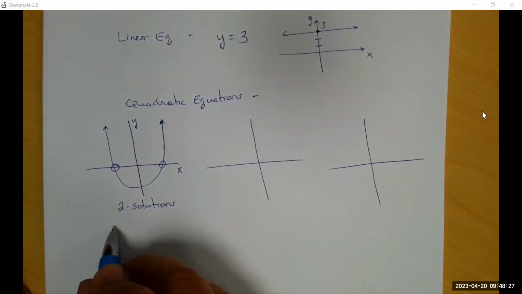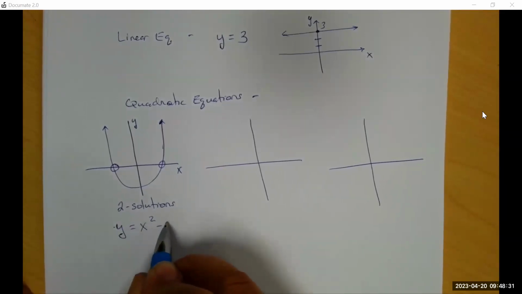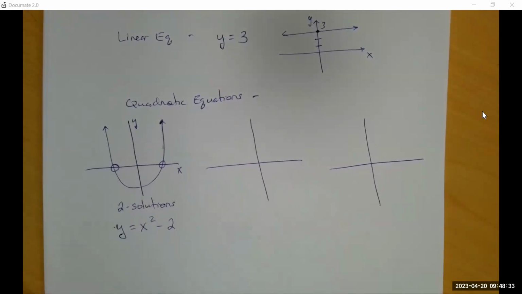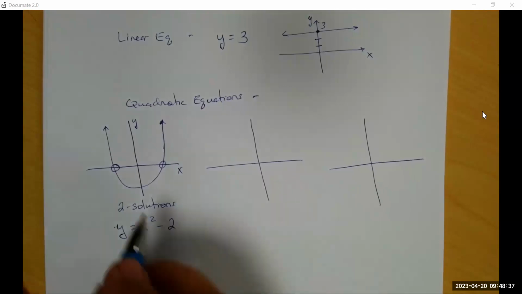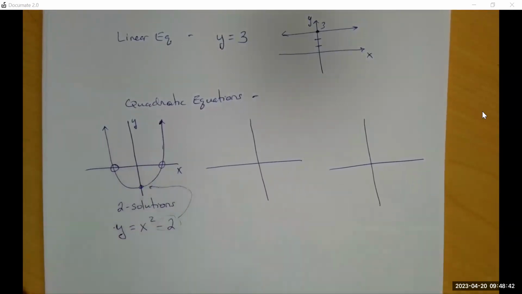An example of this one would be y equals x squared minus 2. What's the y-intercept? Right, negative 2 is the y-intercept. So we have 2 solutions.